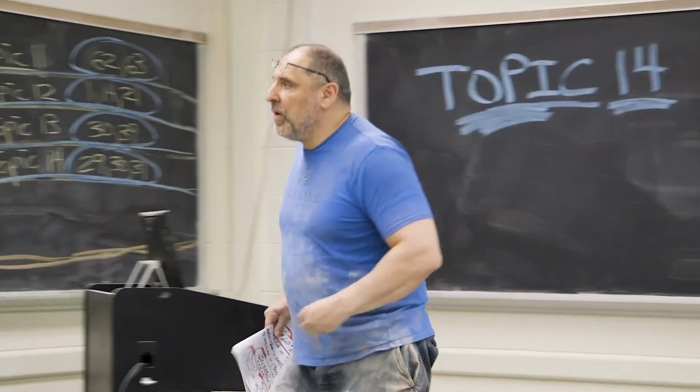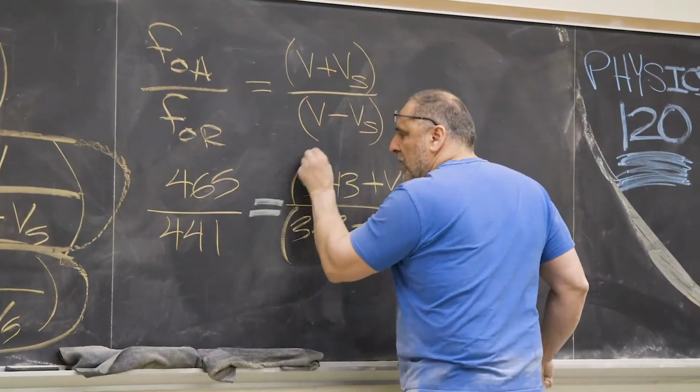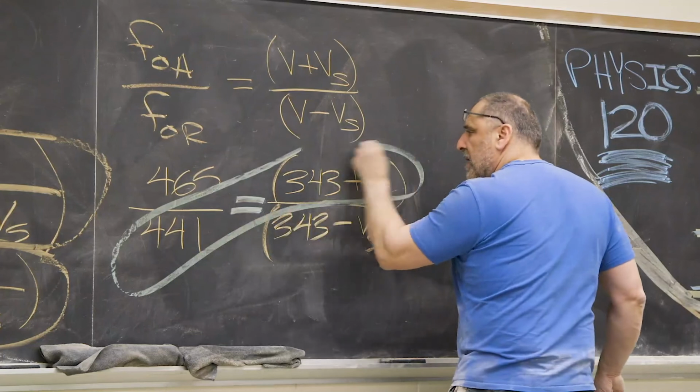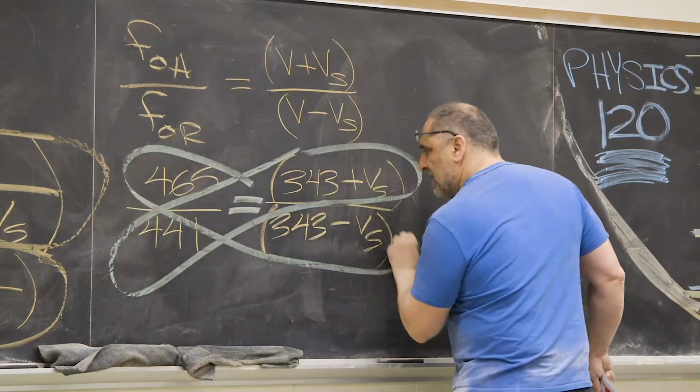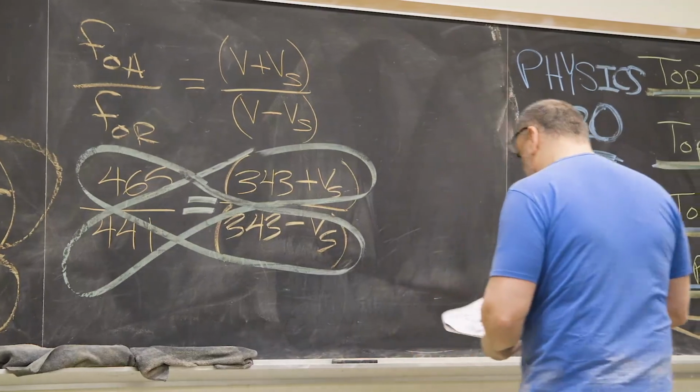So you got this, and you got this. And you're going to cross multiply and solve that equation. It's going to be that simple.